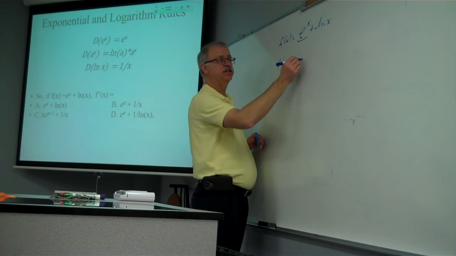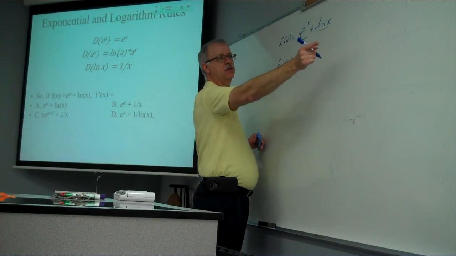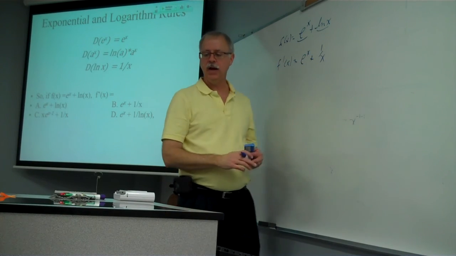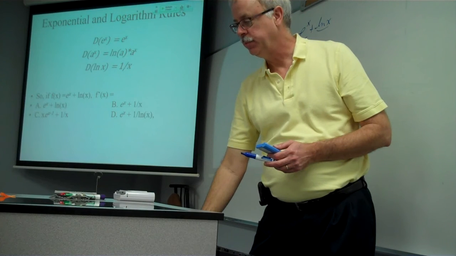The derivative of e to the x is e to the x. The derivative of the natural log of x is 1 over x. And so we get b here.